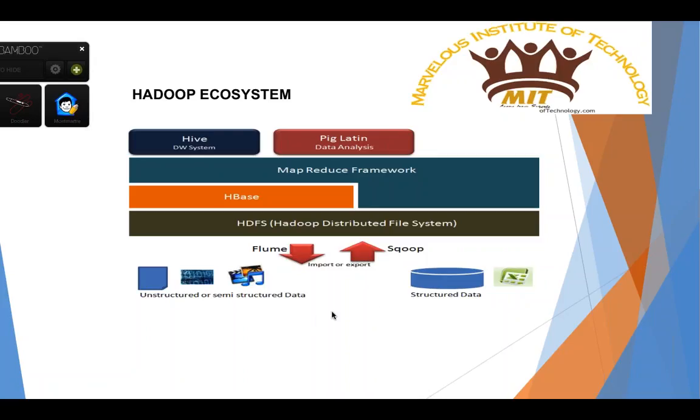If I want to store data from a relational database which is already available, or from a legacy system that you are migrating to Hadoop, you have a tool called Sqoop, which will help you to import or export. You can get the data from an RDBMS and store it into HDFS, or vice versa.